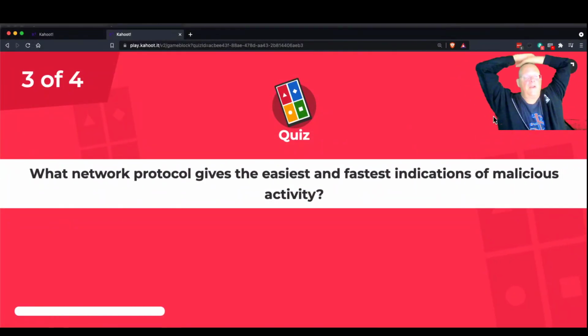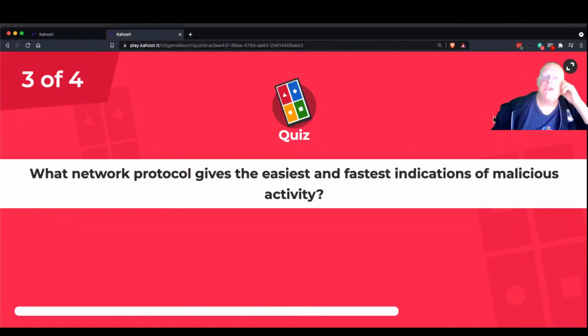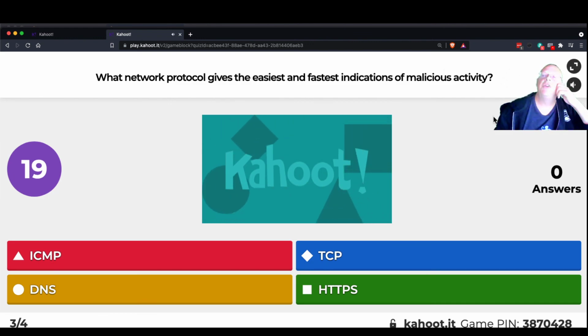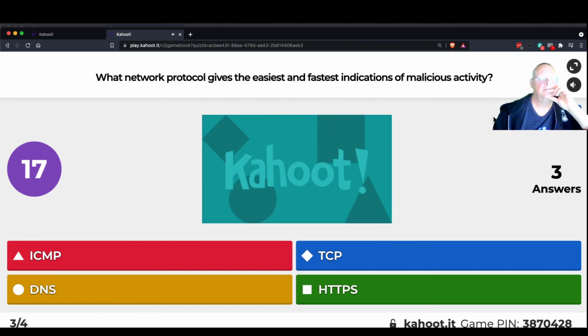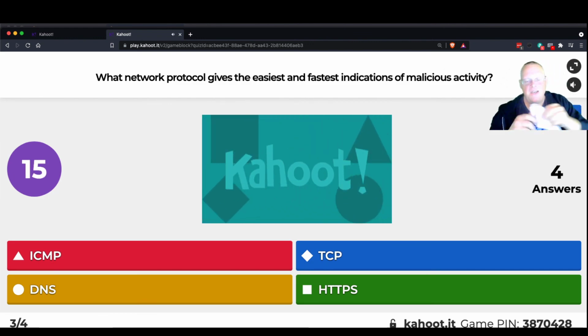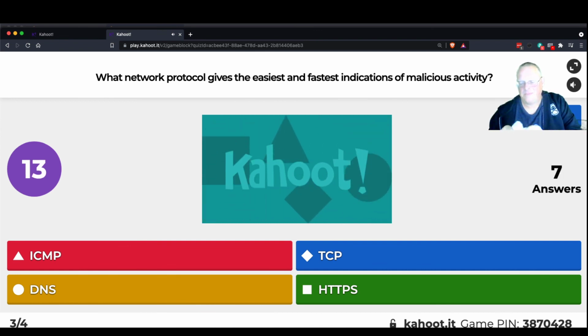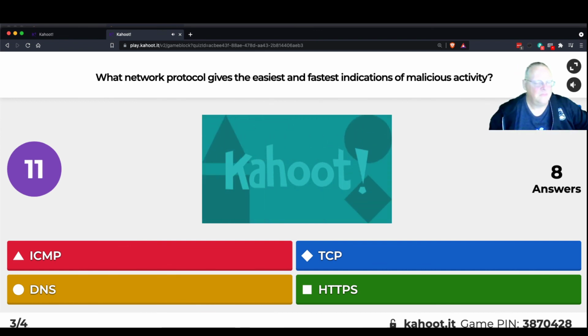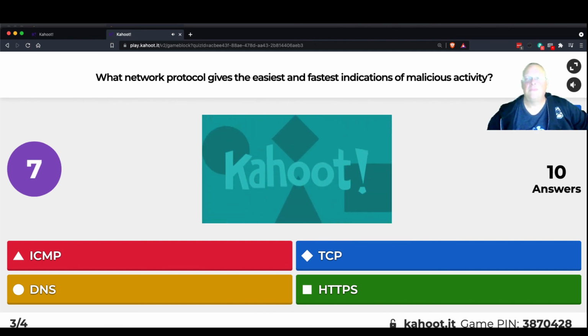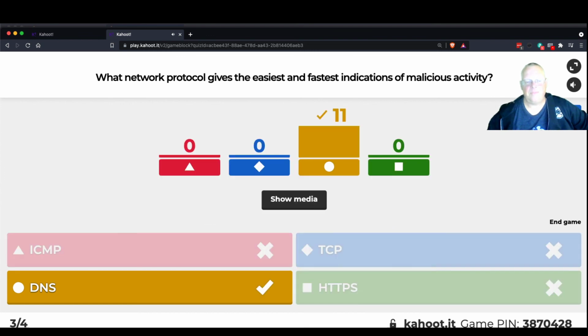All right, so what network protocol gives you the easiest and fastest indicators of malicious activity? That's it. DNS is wonderful. Very easy, right there. All the information you need, very easy.